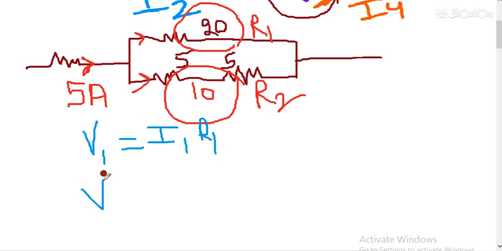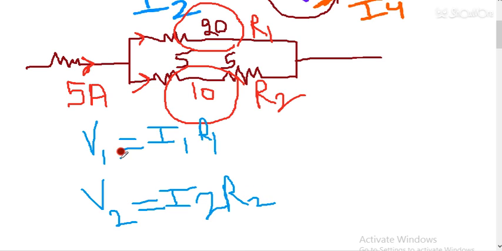V2, the voltage drop across R2, is equal to I2 into R2. Students, the voltage is the same on the left hand side. So V1 is equal to V2.